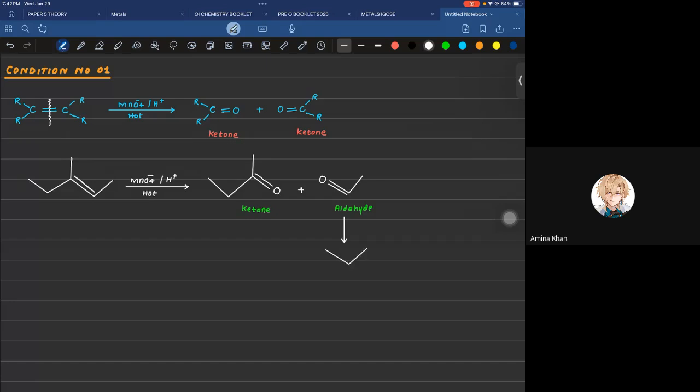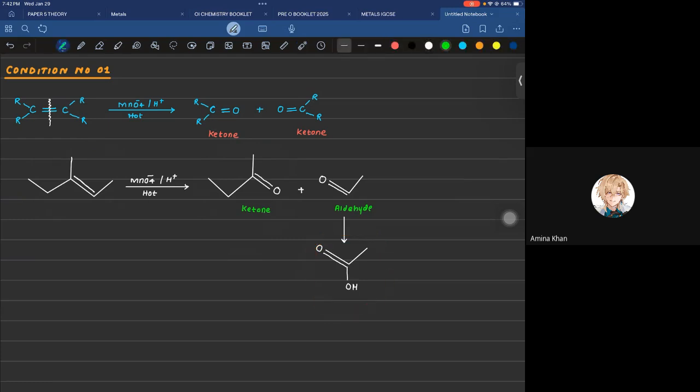This is double bond O, and when carboxylic acid is formed, the OH would be attached. This is the further oxidation. So this reactant has given you two products: first the ketone, and then the carboxylic acid.